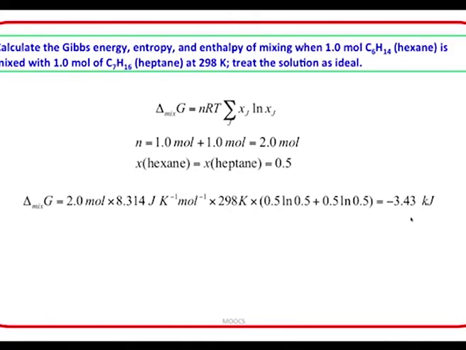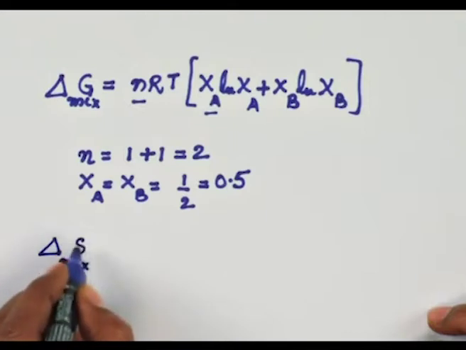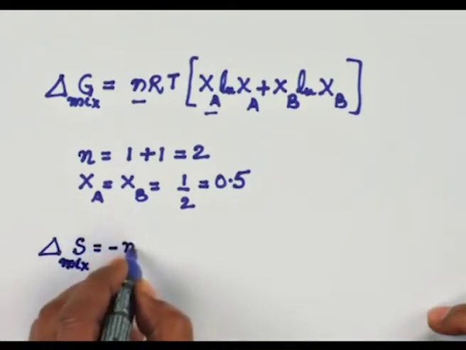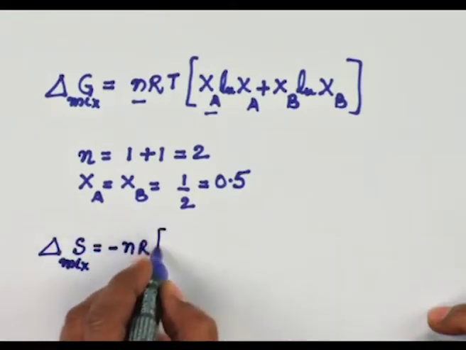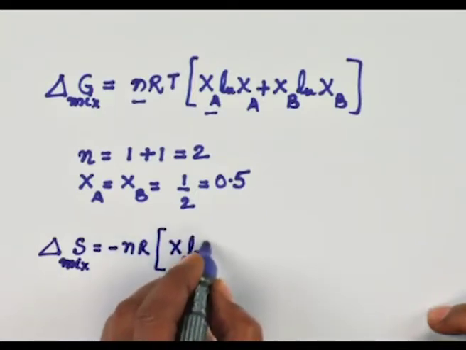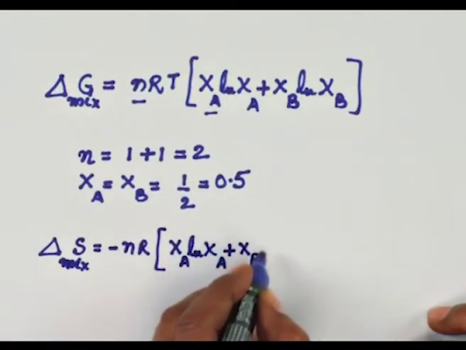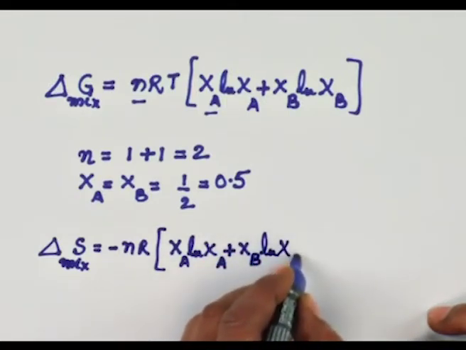Entropy of mixing is easy. We have just discussed in the previous example, entropy of mixing is minus nR times XA log XA plus XB log XB.